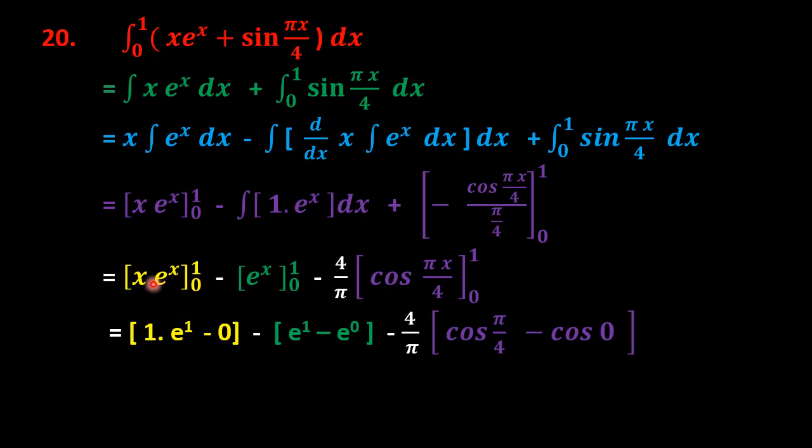So here first we put the upper limit is 1, so 1 e to the power 1 minus, and lower limit here is 0, so 0 into e to the power 0 will be 0, then this minus sign, and upper limit here is 1, so e to the power 1 minus e to the power, our lower limit is 0, and minus 4 by pi, and cos, here it will be cos pi by 4 minus, here if we put the lower limit then it will be cos 0.